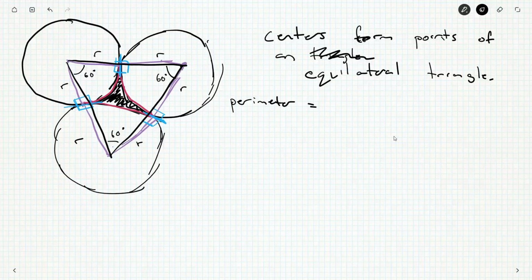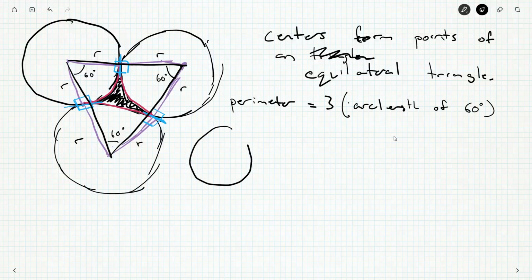Well, hey, the red lines that I want for my perimeter, it's 3 copies of this arc. So it's 3 times the arc length of 60 degrees in this particular triangle. I know I could get a formula for it in terms of R, but I actually don't think I need it. If we imagine a full circle here, how many degrees in a full circle? 360 degrees.